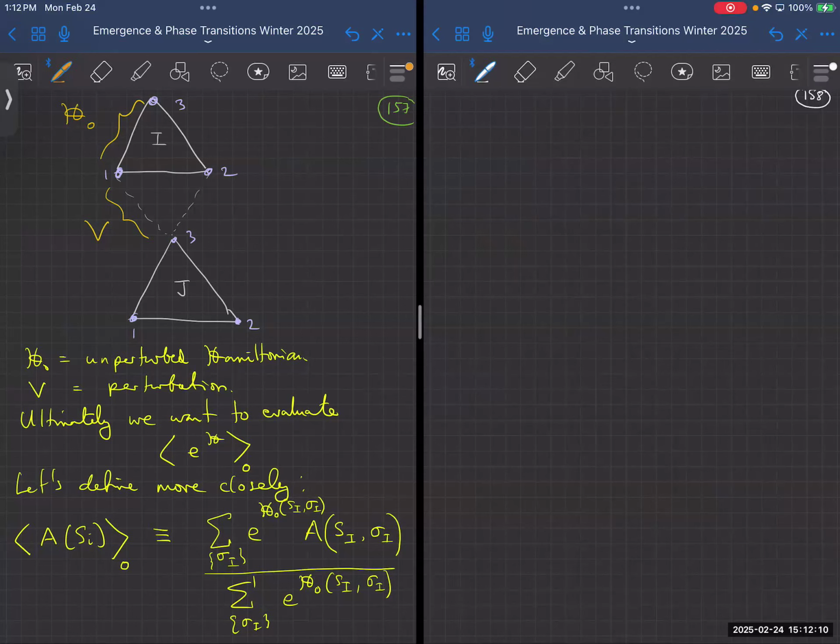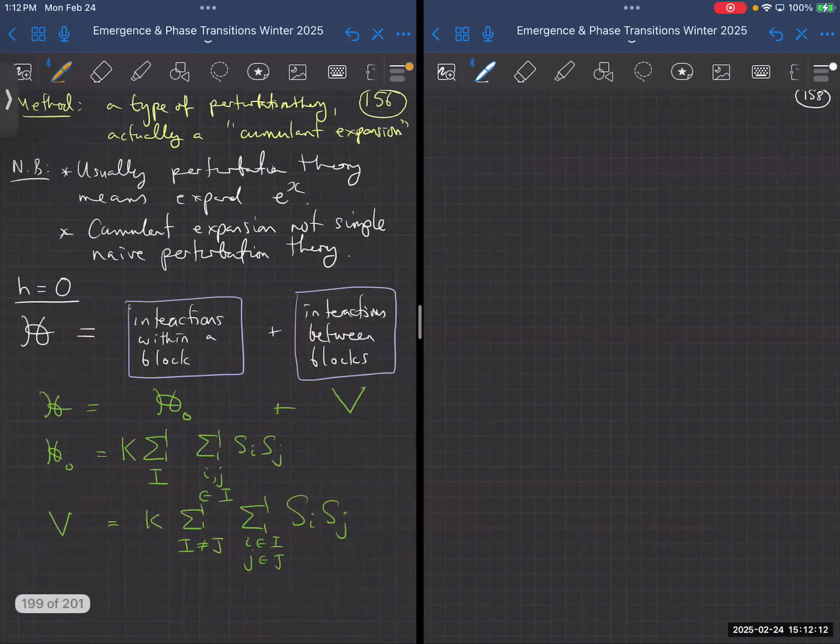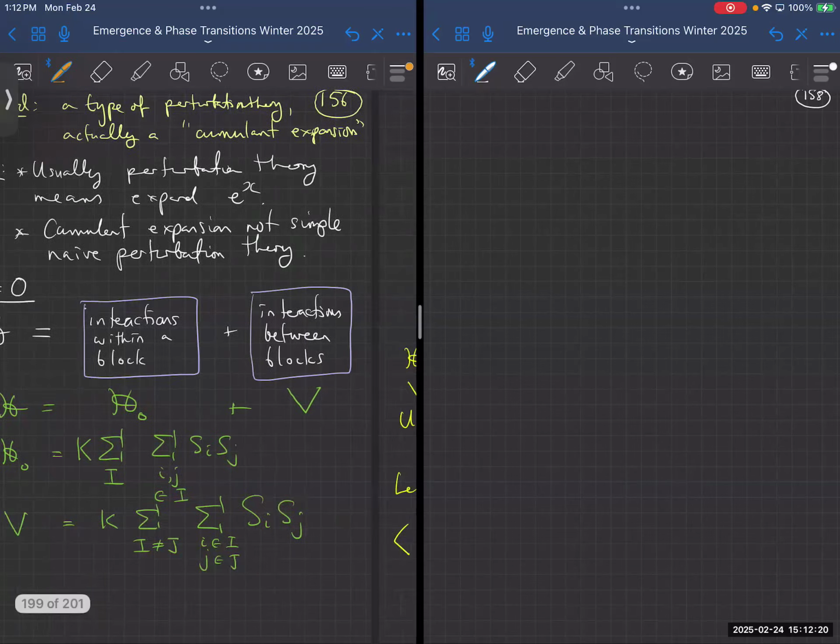try to do that. Now, for us, the thing that we want to compute is the expectation of e to the Hamiltonian, and the Hamiltonian is h naught plus v.